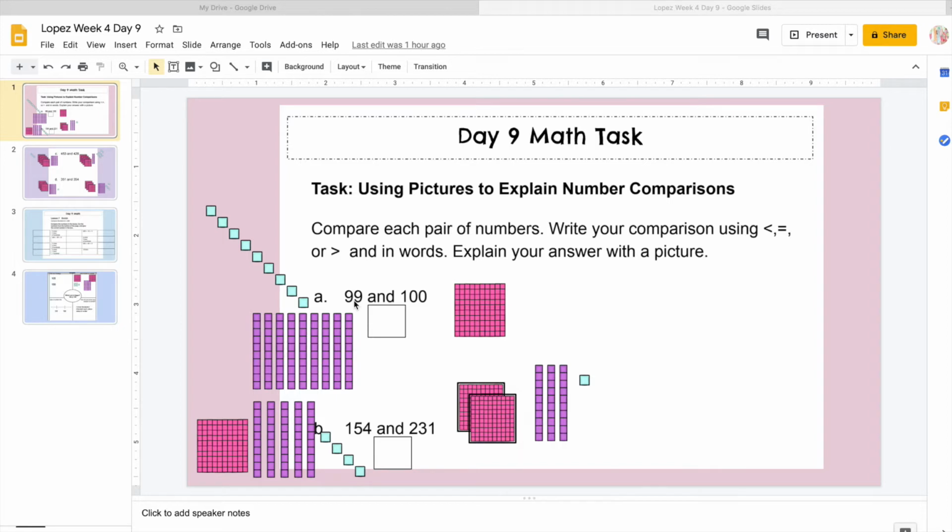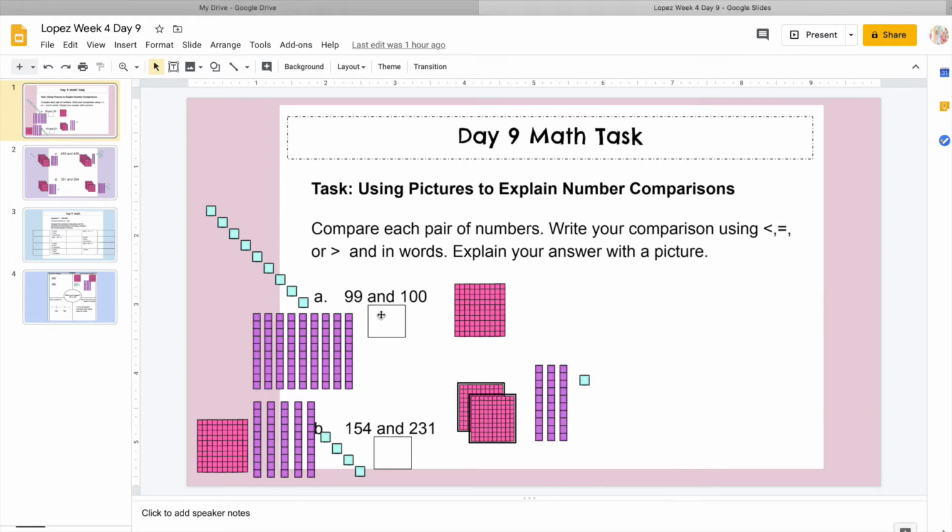We already have our pictures here, so let's go ahead and start with A. We are comparing 99 and 100. If you see here, 100 is a 3-digit number, so we have hundreds, tens, and ones. And if you look at 99, that is a 2-digit number, only representing the tens and the ones. So we can automatically tell that 99 is less than 100 because it does not have a number represented in that hundreds column.